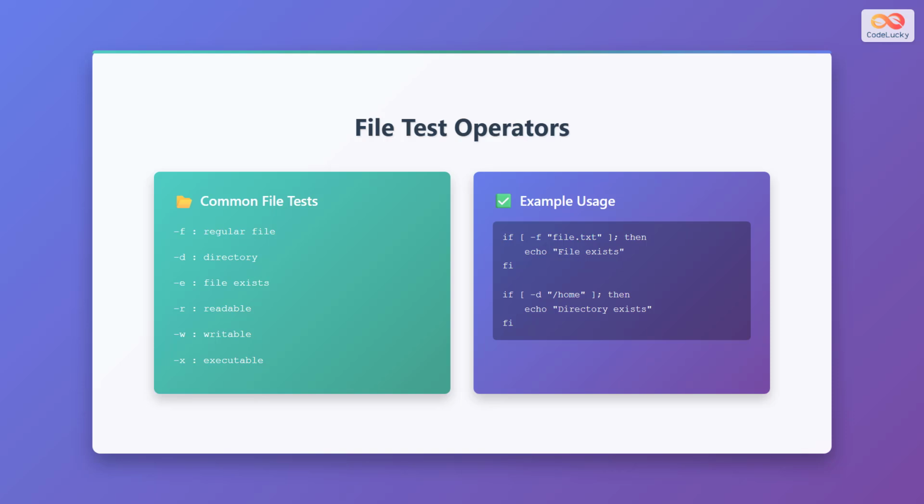Example usage includes if -f file.txt to check if a file exists before processing it, or if -d /home to verify a directory exists before changing to it. These operators prevent errors and make scripts more robust by validating conditions before executing operations.